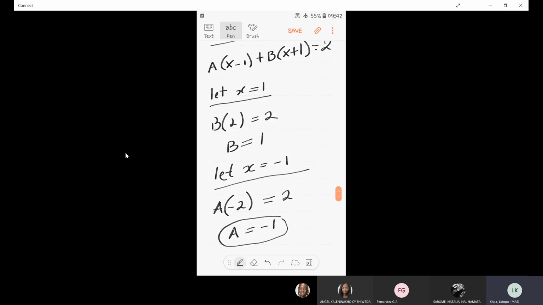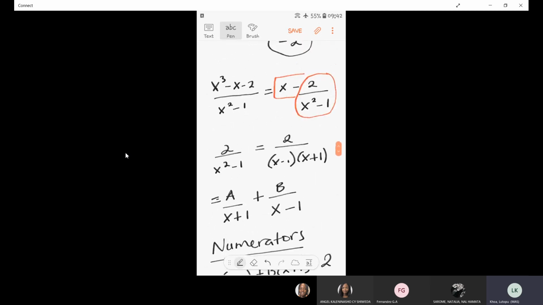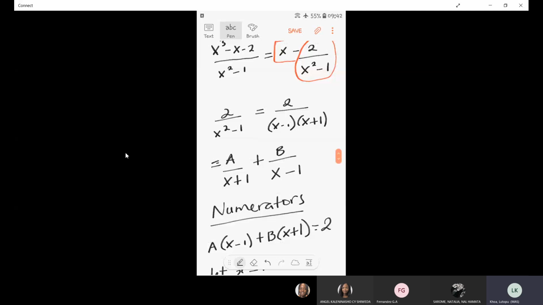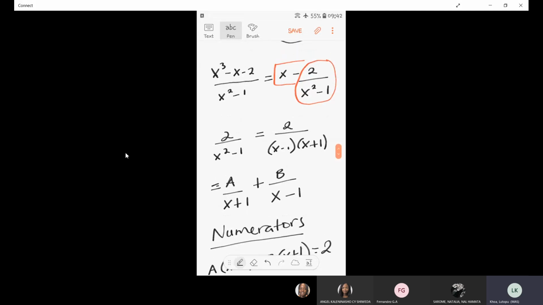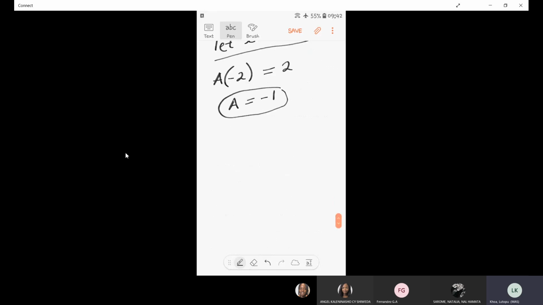So I have my values of a and b, minus 1 and 1, so I will substitute them over here. So a is minus 1 and b is positive 1. So remember what I have to write: the whole equation, the whole fraction.